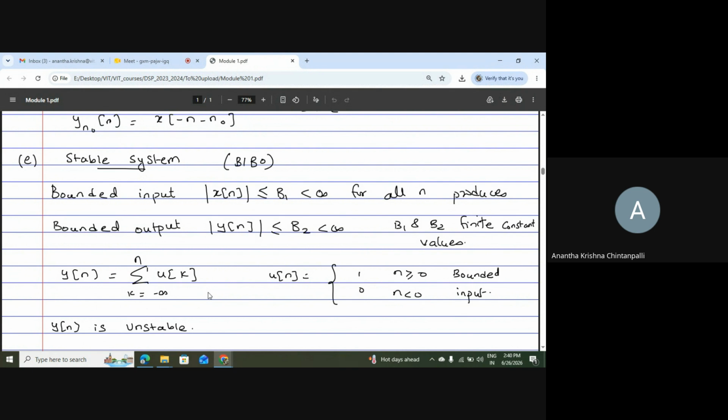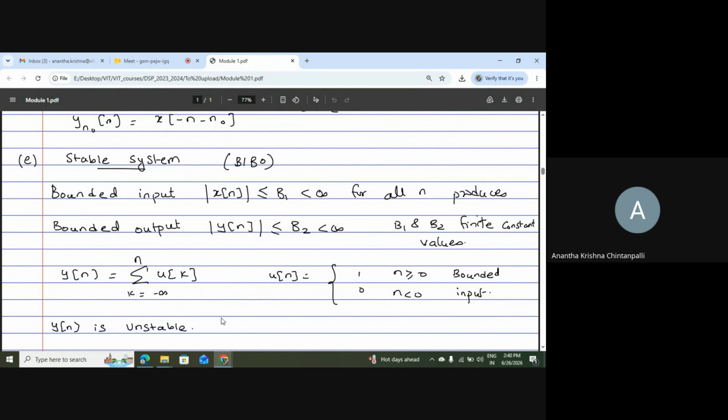So it will be either 1 or 0. Now the input is bounded. But what is the system doing? The system is doing a running sum, which is nothing but summation of k from minus infinity to n. So the output is going to be unstable. Why?